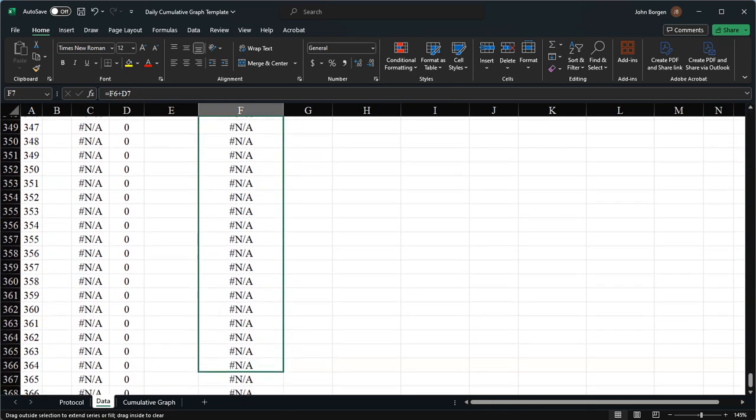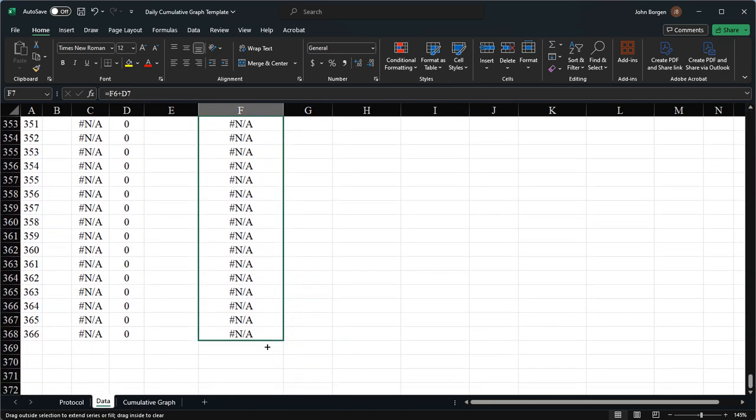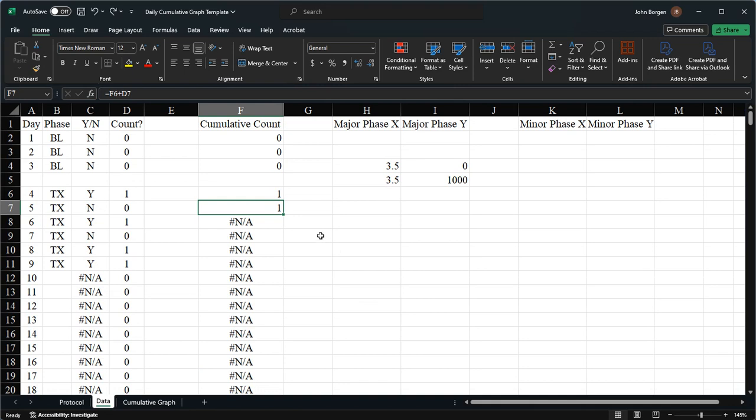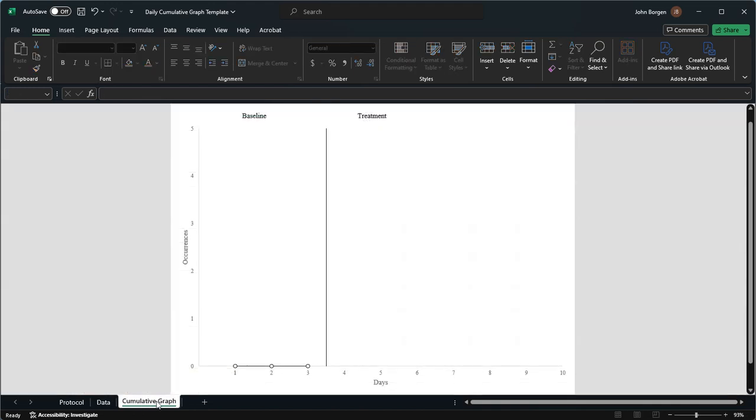And now I can just drag it all the way down. I had it go to 366, the maximum number of days in a year. Oops, I don't want to do that. I just want to go to 9 because we want hashtag n/a. And I'm going to show you why in a bit.